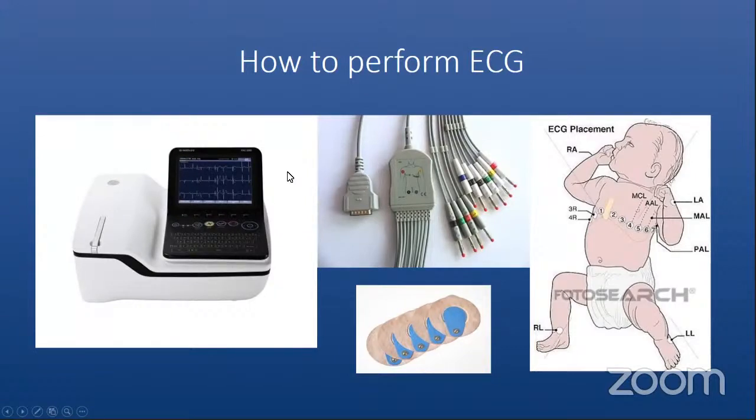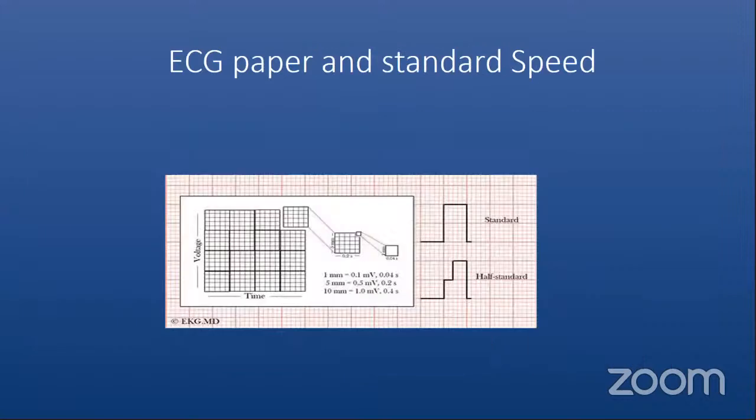But you really have to see it yourself, and sometimes you have to calculate the intervals, like the QT intervals. It's very important that you calculate by yourself. So you really need to understand the ECG paper as well.